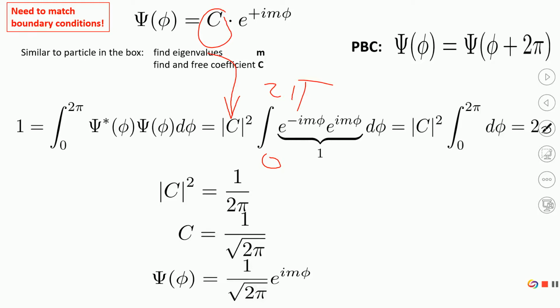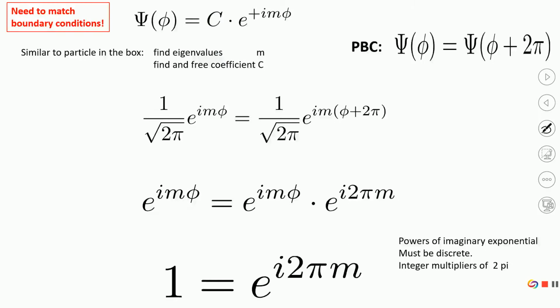Okay. So plugging our wave function in here, it will be the same normalization factor, the same functional form, the same eigenvalue of angular projection, but the argument is different.